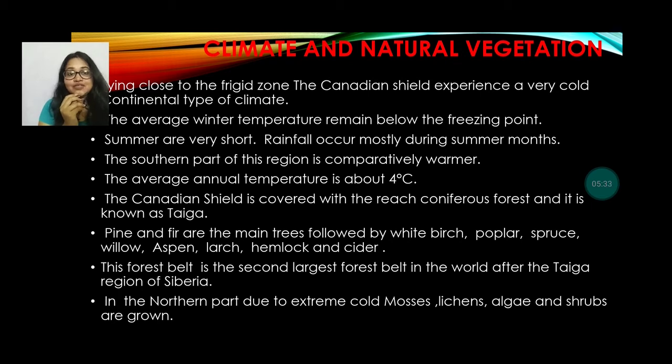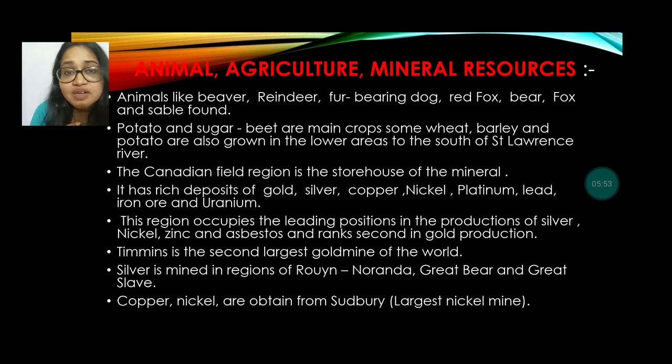This forest belt is the second largest belt in the world after the Taiga region in Siberia. In the northern part, due to the extreme cold, we can only find mosses, lichens, algae and shrubs.